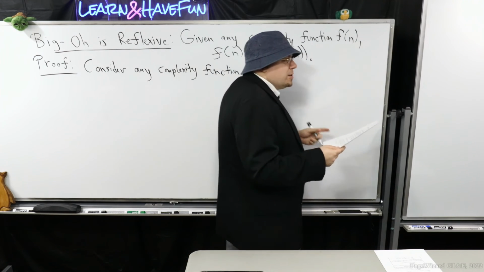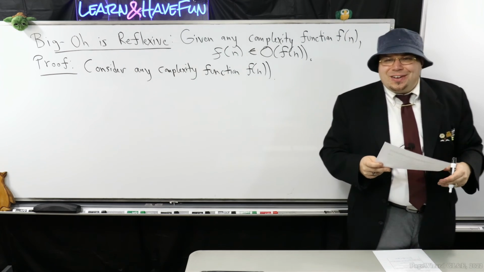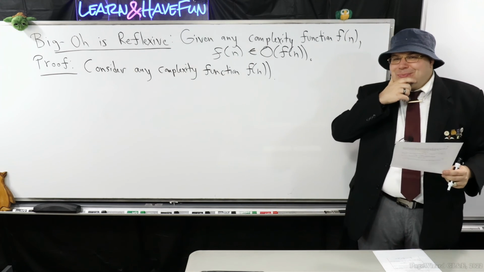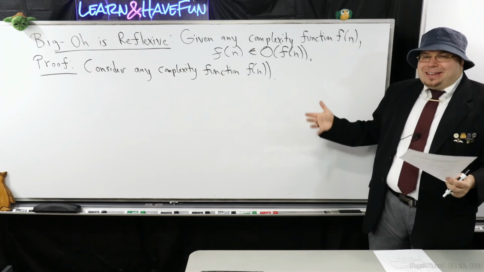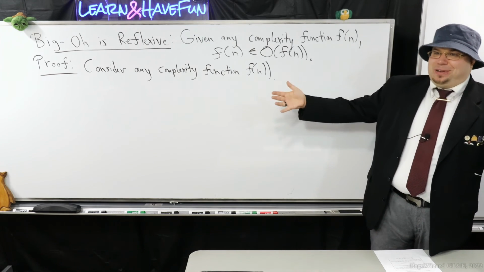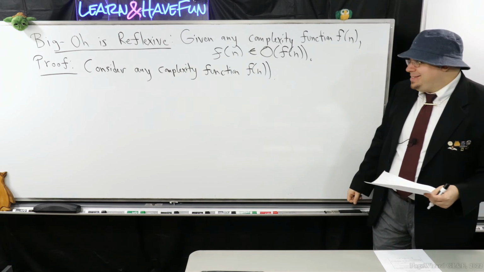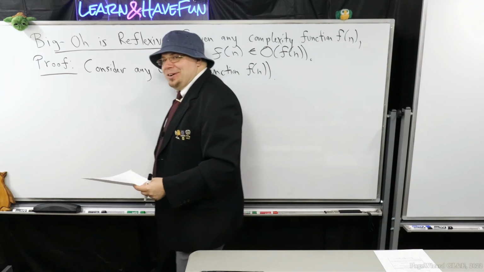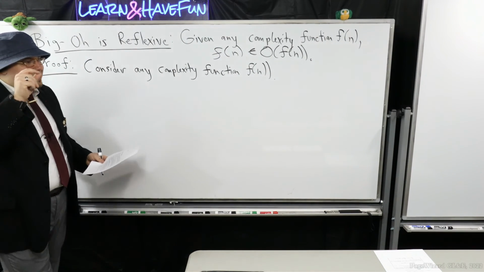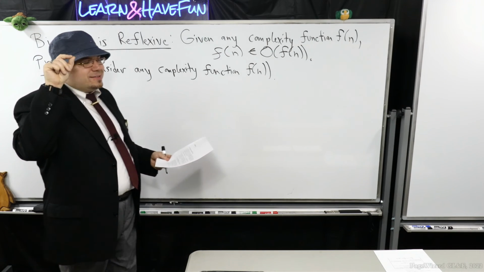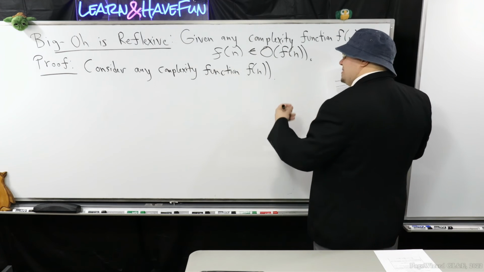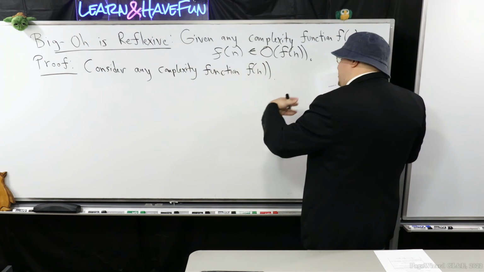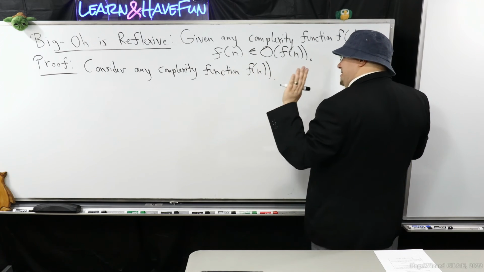So if I want to show that f is big O of f, what should I do? Well, what did we do last time? We used the definition of big O. That's one way you could do this. So naturally, I'm just going to use that. And what's the game plan? The game plan is to find the two constants c and n0. If I can find those two constants, then I can invoke the definition of big O, and then we're done. That's going to be about as simple as it gets here.